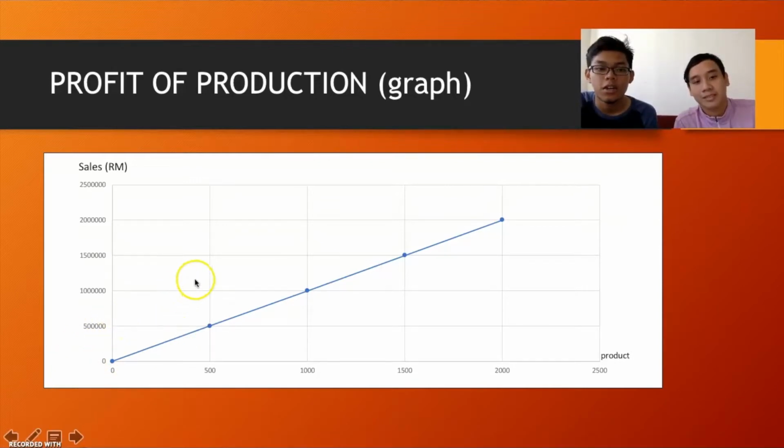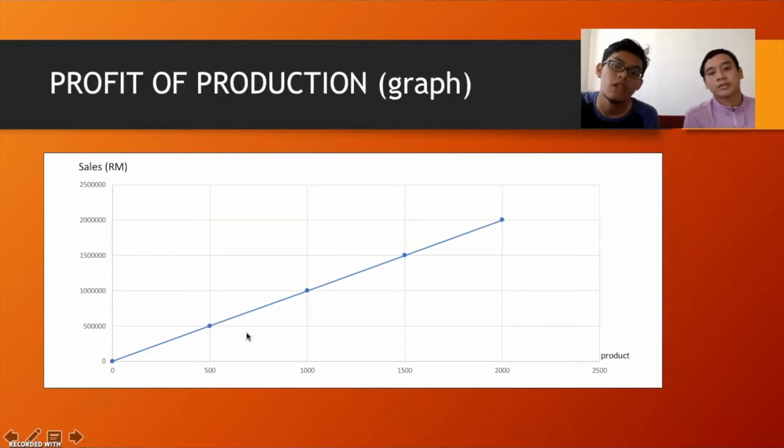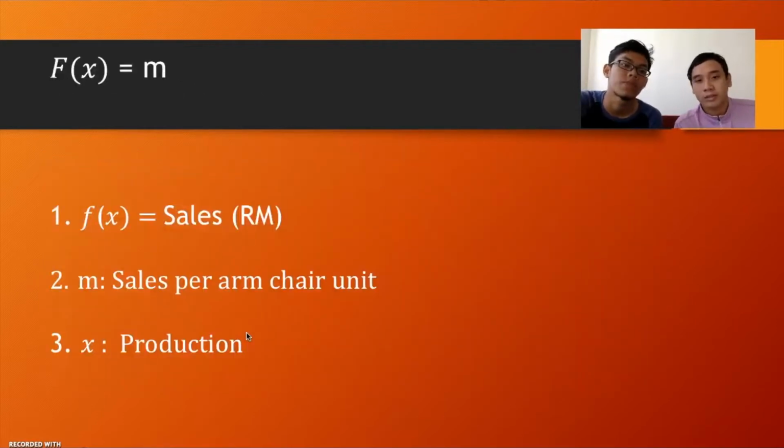The gradient of this graph refers to the sales of each armchair that we have sold.